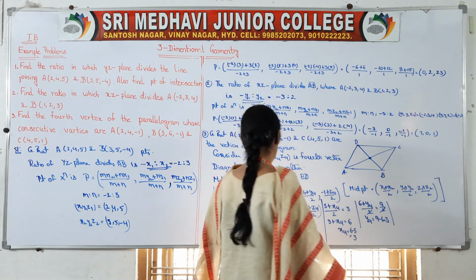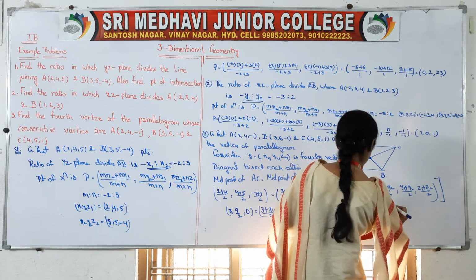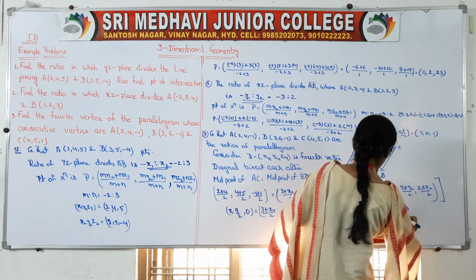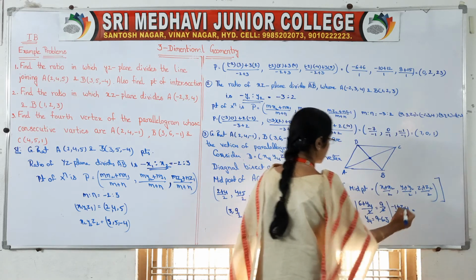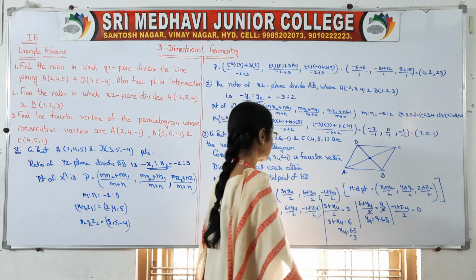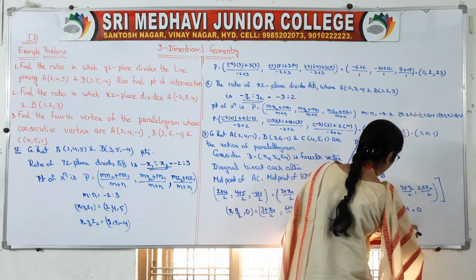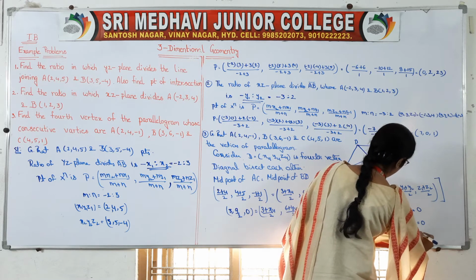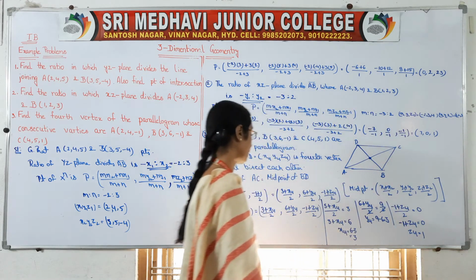Okay, next the z term: minus 1 plus z4 by 2 is equal to 0. So minus 1 plus z4 is equal to 0, z4 is equal to 1.